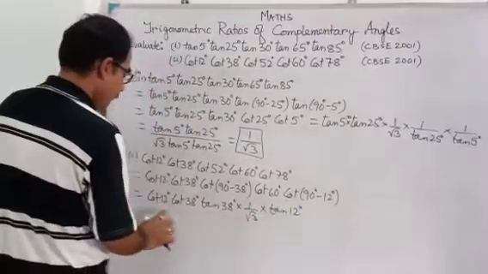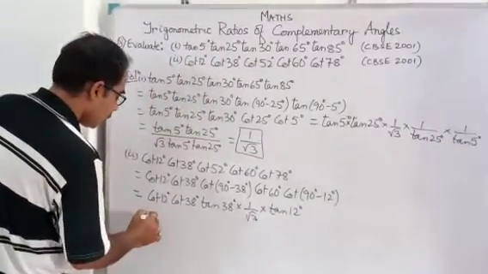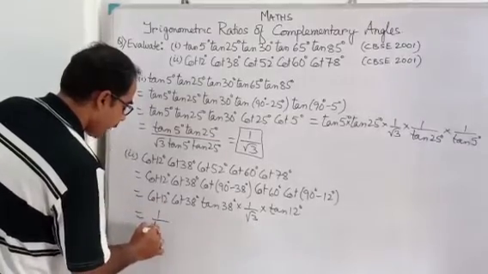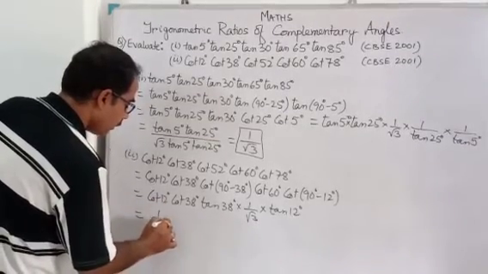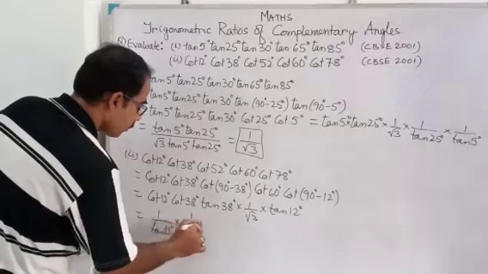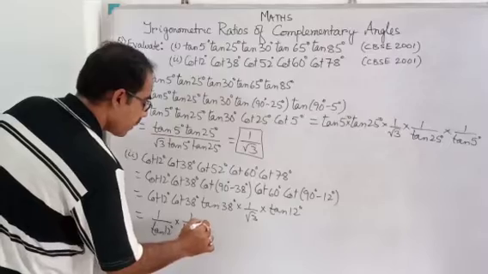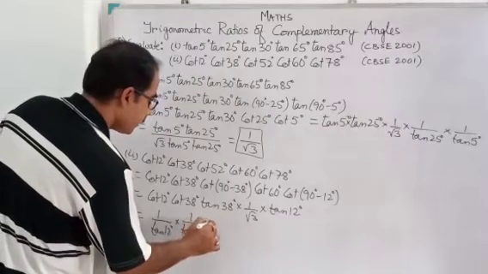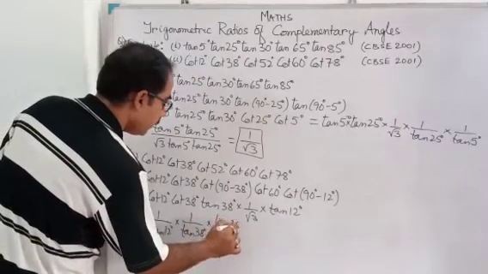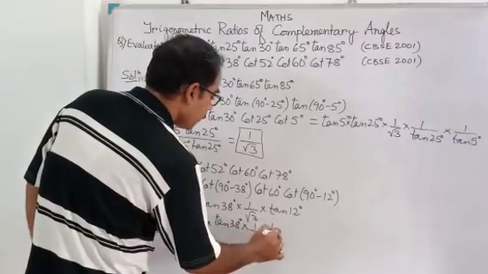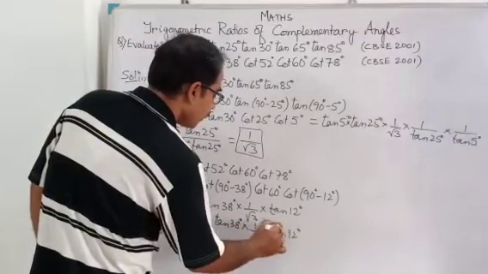So tan 12 degree and cot 12 degree cancel out, or you can just write here cot 12 degree will be tan 12 degree, here also tan 38 degree multiplied by tan 38 degree into 1 by root 3 into tan 12 degree.